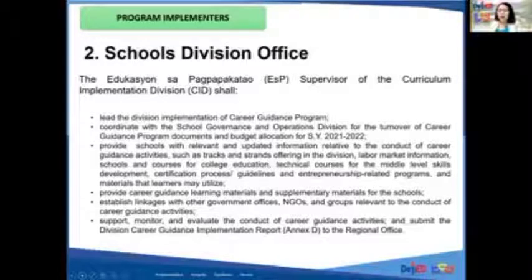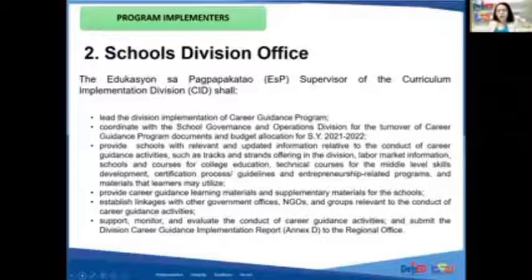So ito yung parang research part na task ng ating ESP supervisor, no? Hindi naman mag-isa lamang siya dito. Actually, pwede din siyang mag-tap ng mga possible individuals or ng mga guidance counselors in the division who can help her na mag-gather. Tapos yung information na i-gather na yun yung binablast natin sa mga schools, no?